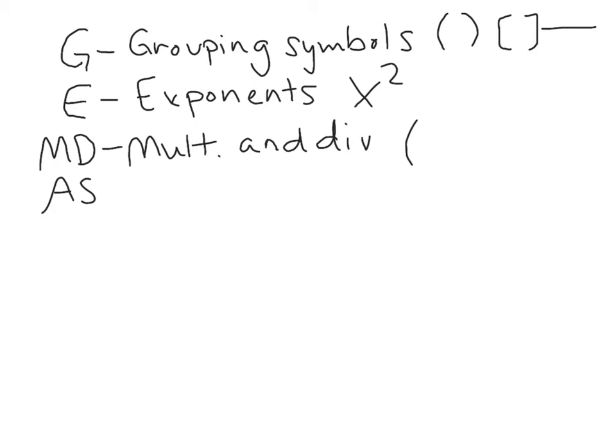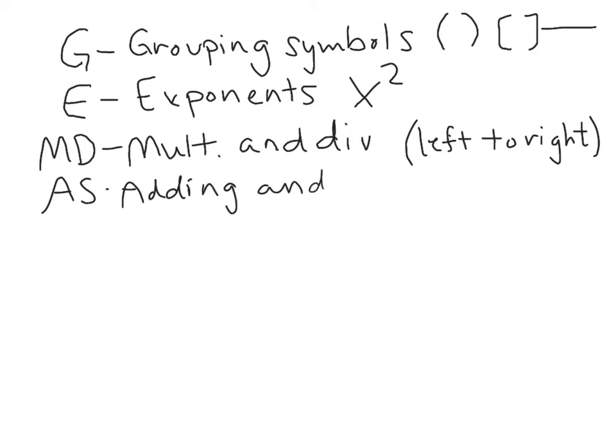And the reason they're on the same line is when you're going through the problem, you solve multiplying and dividing left to right, whichever one comes first in your problem. And then our last step, we do all of the adding and subtracting. Also from left to right.